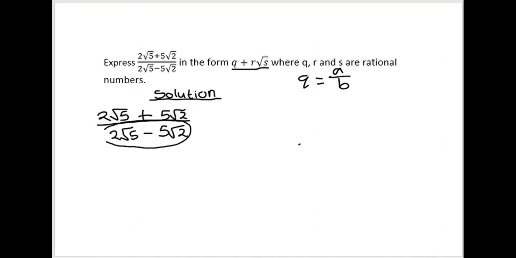This is the denominator, 2 root 5 minus 5 root 2. We are going to multiply it by the conjugate, and the conjugate is simply the same expression but with the opposite sign. So where we have minus it is going to be plus, but every other thing remains the same, just the sign in the middle changes.